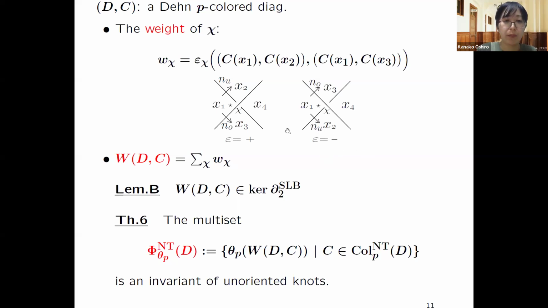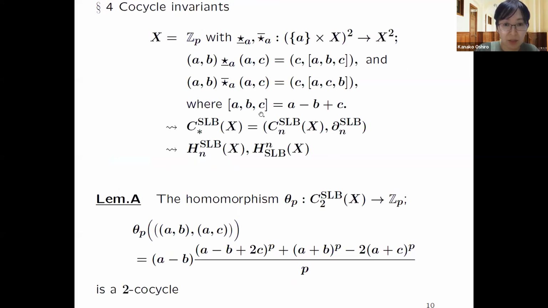Otherwise, the sign is minus. We denote by W_DC the sum of the weights of all of the crossings. Then we can see this property: the sum of the weights is in the kernel of the boundary map of this homology chain complex.